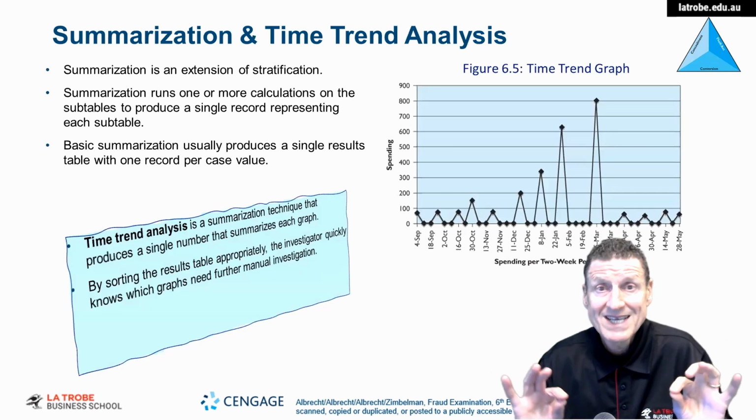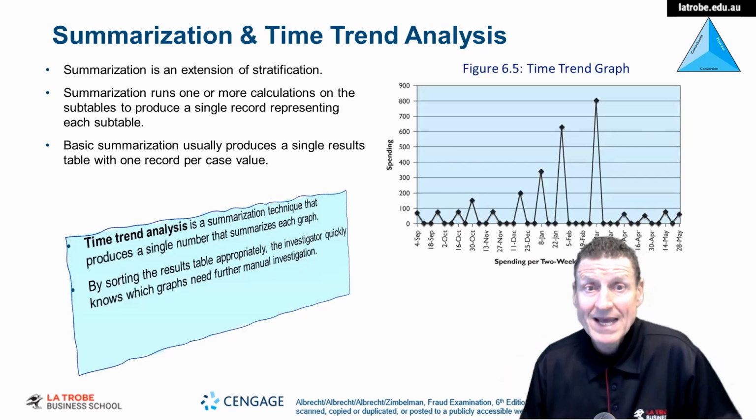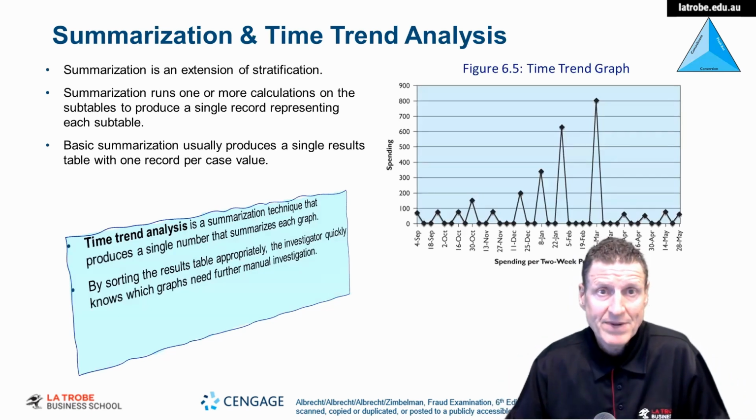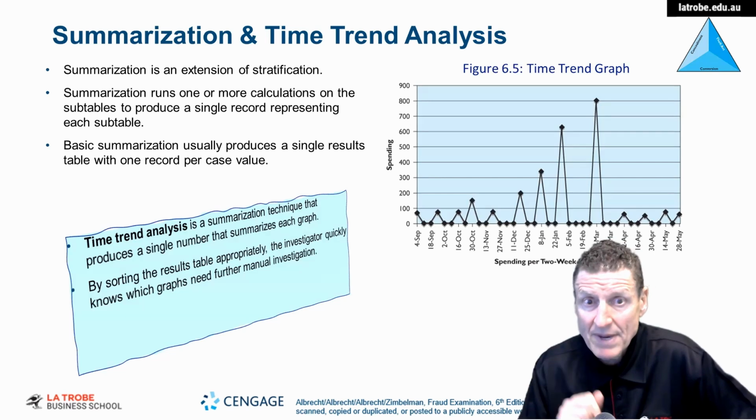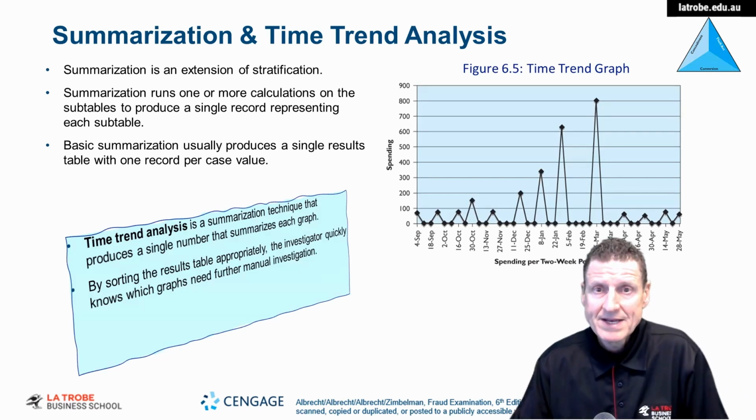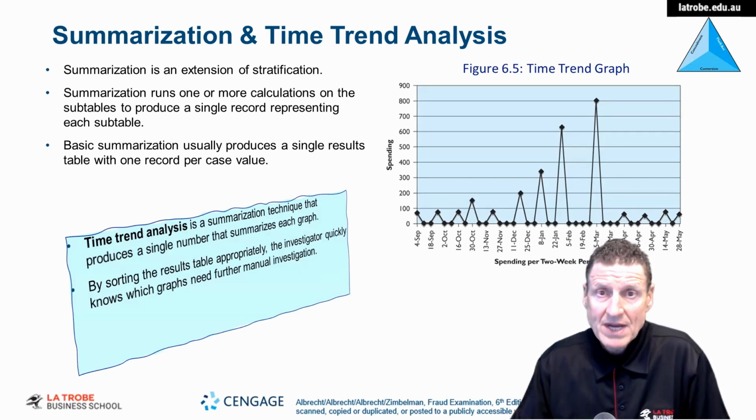Let's go on to summarization and time trend analysis. Again, very similar. It's an extension of stratification. It's a summarization technique that produces a single number that summarizes each graph. In this case, the single number is the amount of spending, and you can see it just goes 100, no; 100, no; 150, no; 100, no; 200, no; 300, no; 600, no; okay, 800.